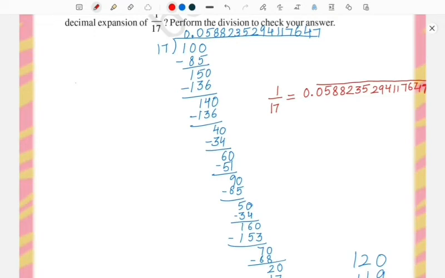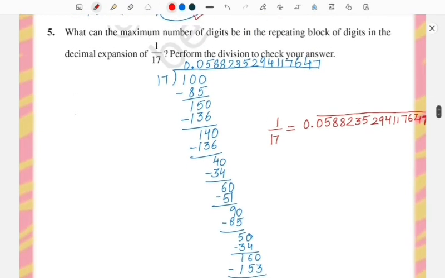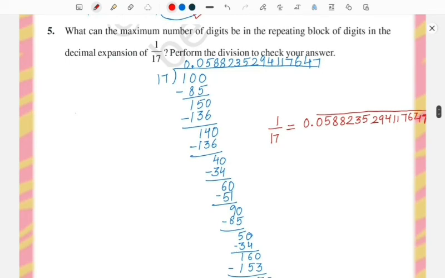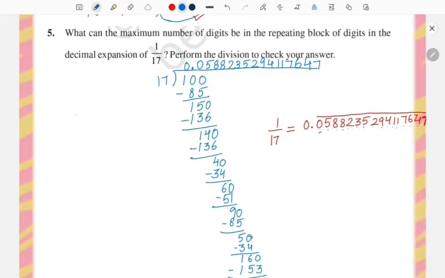And how many digits would be there in the repeating block? We have 1, 2, 3, 4, 5, 6, 7, 8, 9, 10, 11, 12, 13, 14, 15, 16. How many digits do we have? 16. So there are 16 digits in the repeating block of decimal expansion of 1 by 17. Let's write this.